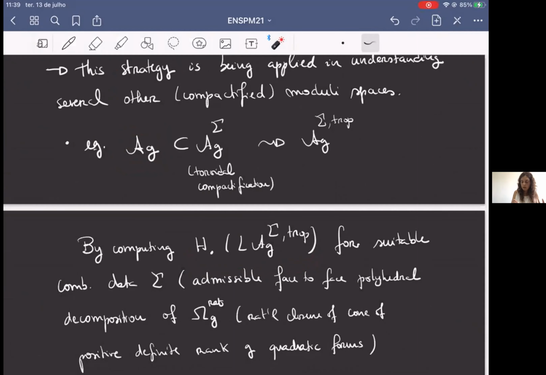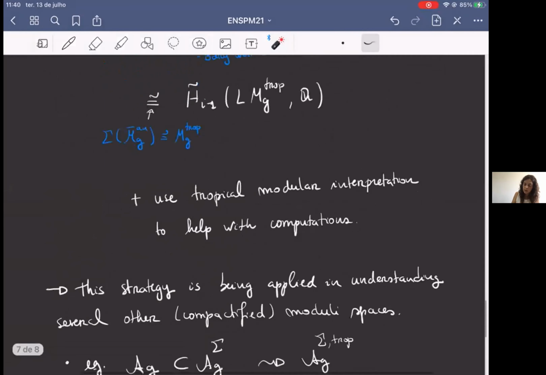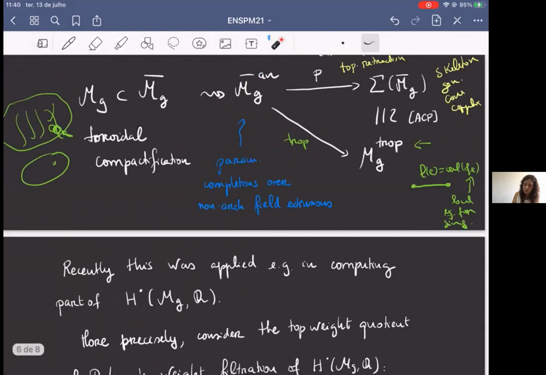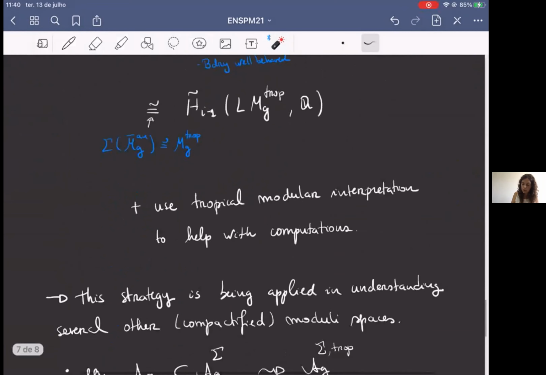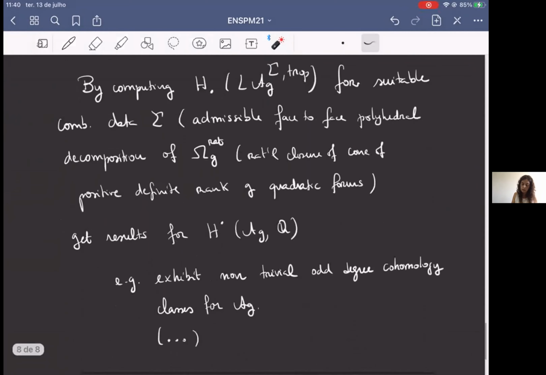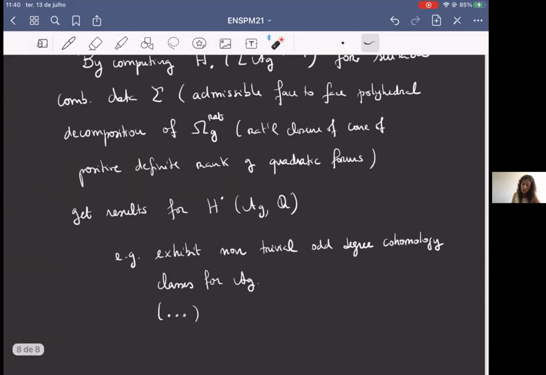So even though geometrically you're choosing some compactification which is not well behaved, and for which in the beginning maybe you could not apply the corresponding theorem, because you have a homotopy equivalence of your compactifications in this big space, you can choose whatever you want, and in the end your computations will be valid for AG itself.